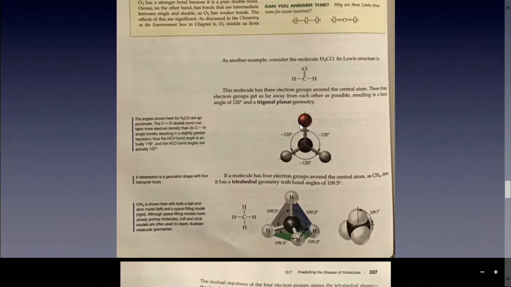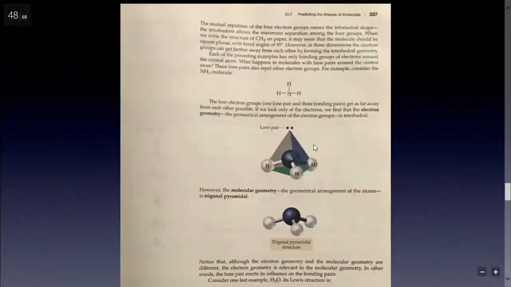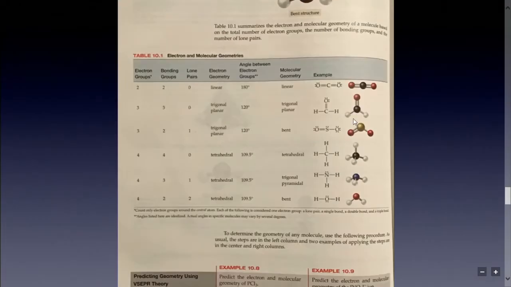And all along the molecule are going to be taking these same basic shapes. You'll see there's 1, 2, 3, 4, 5 basic shapes that you can do. You can be bent, tetrahedral, linear, trigonal planar, or trigonal pyramidal.